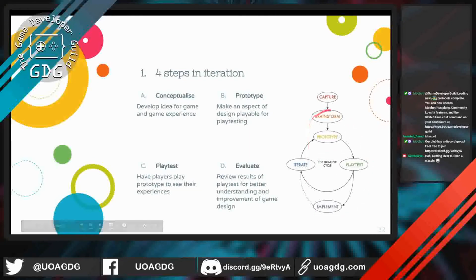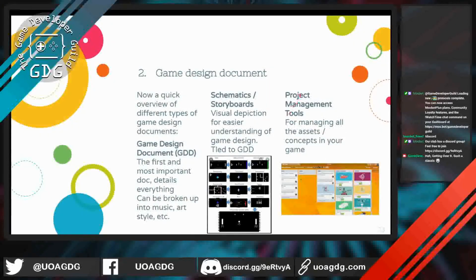So, hence the cyclic nature of design. For a game design document, most important, of course, is the game design document, the GDD.